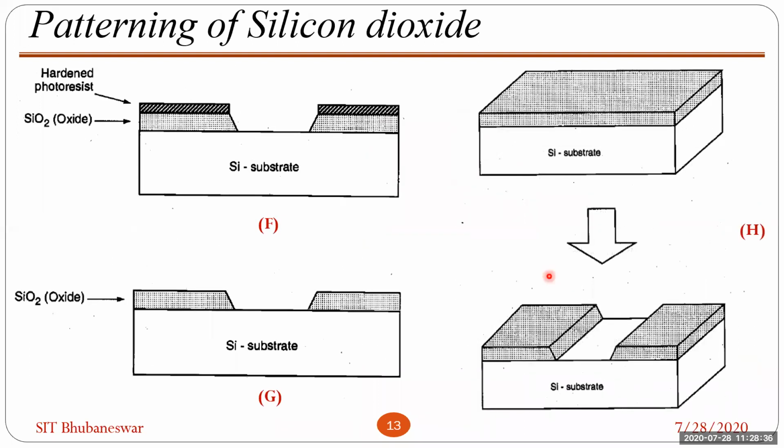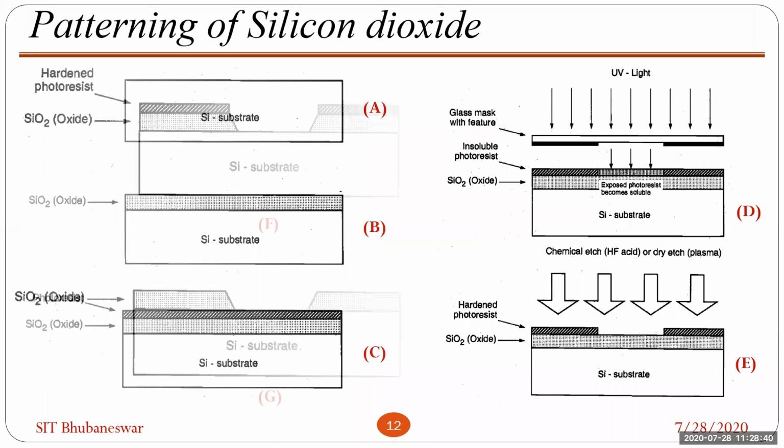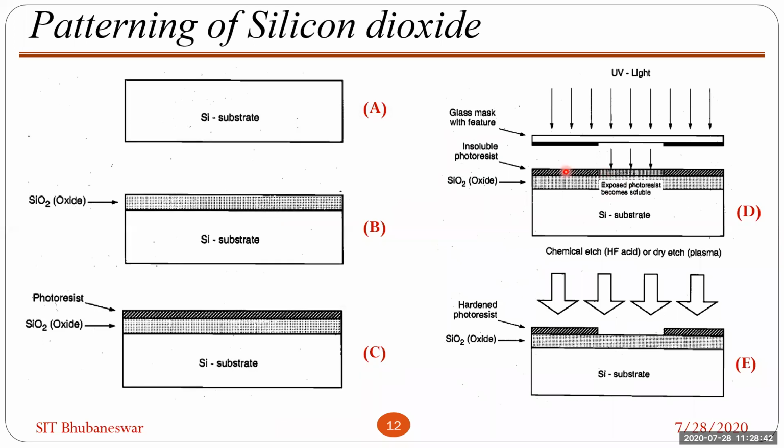Next, what is photoresist made of? Generally, you can check that it's a simple photoresist material. If light falls on this, it will be soluble. What is it made of?